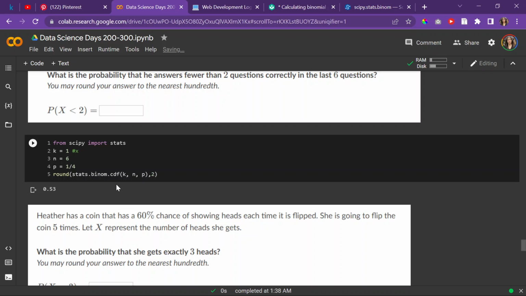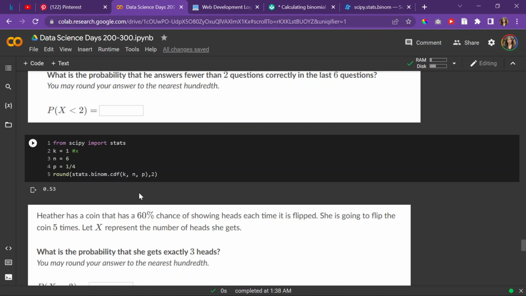CDF less than 2. So not including 2, which is just 1. And that worked. But it didn't include 1? That doesn't make sense.